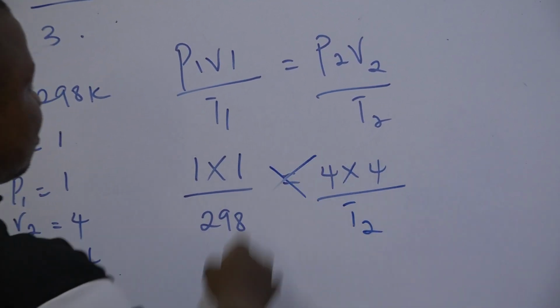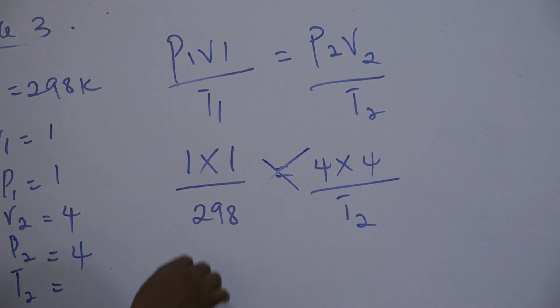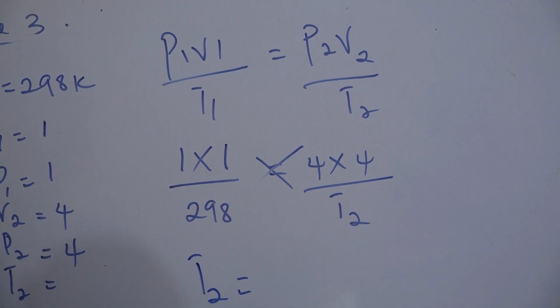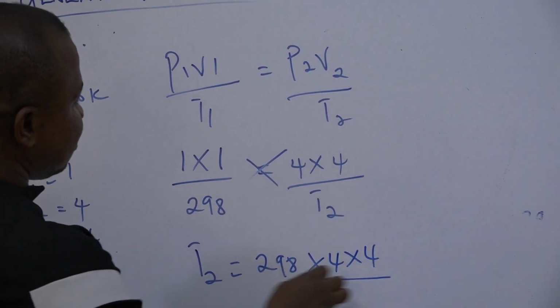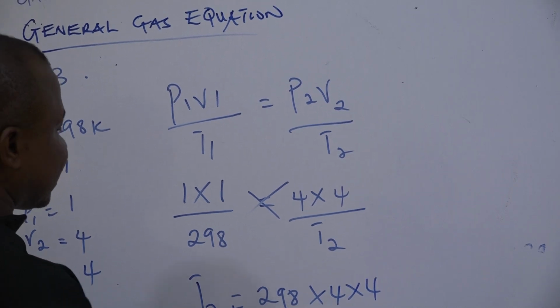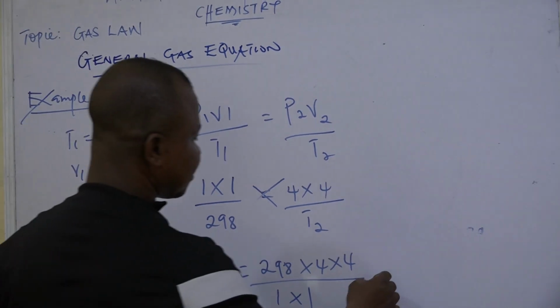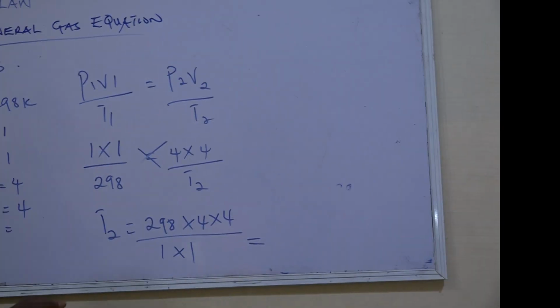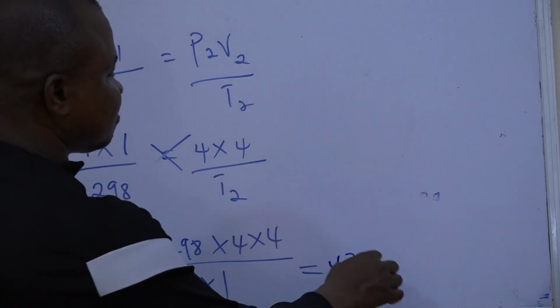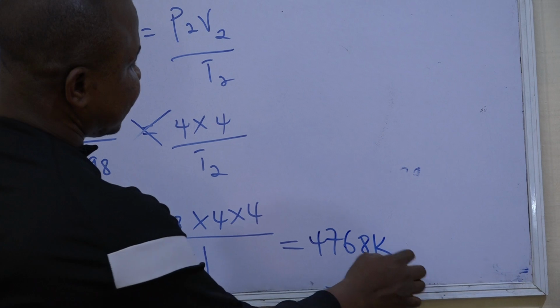That's what we are looking for. Let's multiply it quickly. We have T2 equals 298 multiplied by 4 multiplied by 4, divided by 1 multiplied by 1. I'll give you a few seconds to press your calculator. 768.